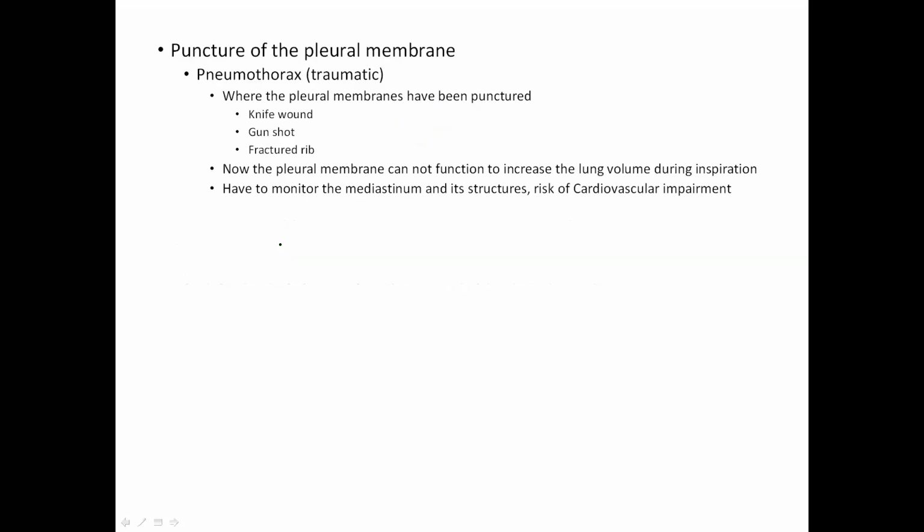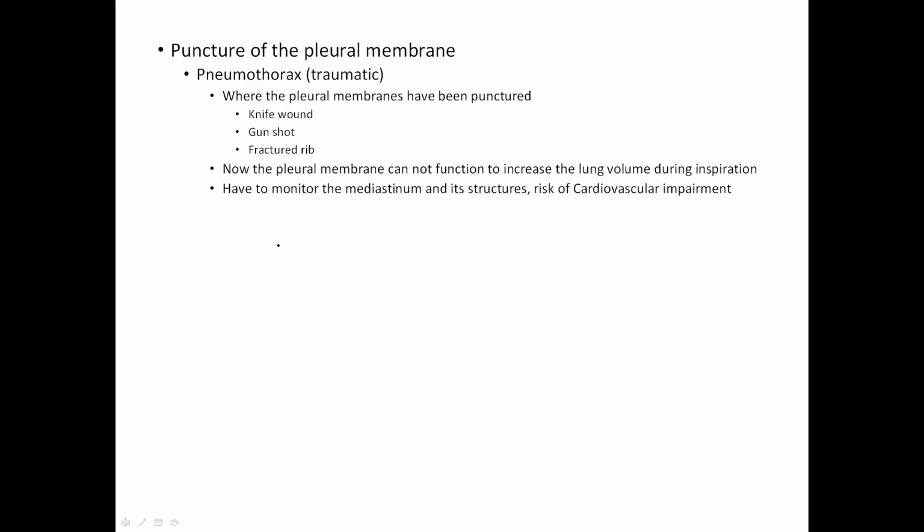Another lung condition would be a pneumothorax. A pneumothorax is where you get air built up in areas where you don't want air to be. Air should be inside the lungs, the alveolar sacs and all that, not outside the lung field.